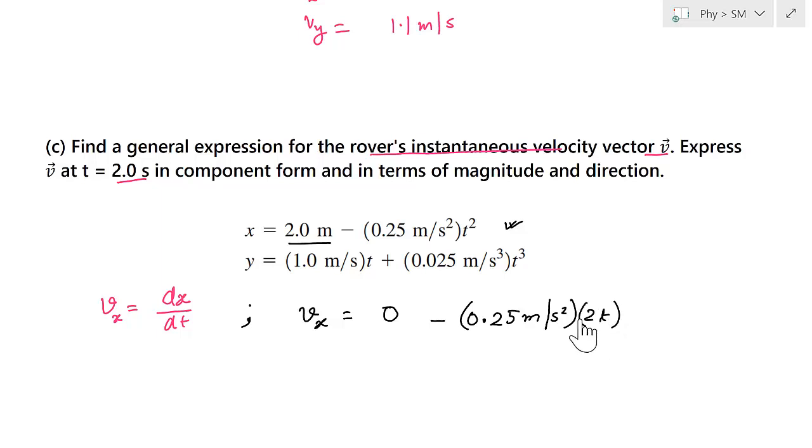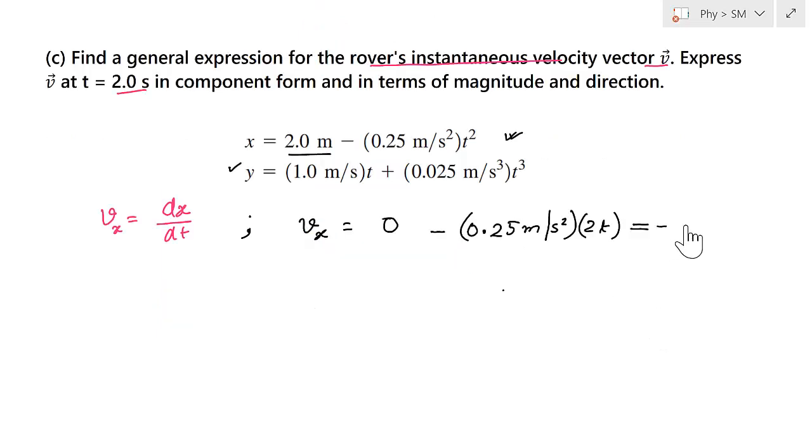If you remember, there is a formula: differentiation of x raised to the power n is n x to the power n minus 1. So I am using that formula. So this will come to minus 0.5 meter per second square multiplied by time. So this is the Vx.